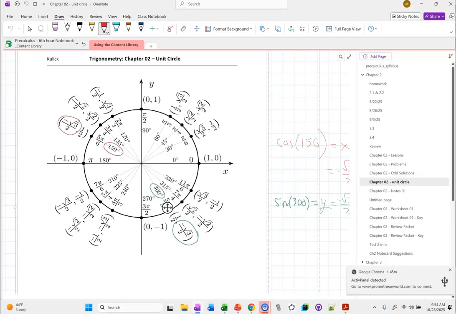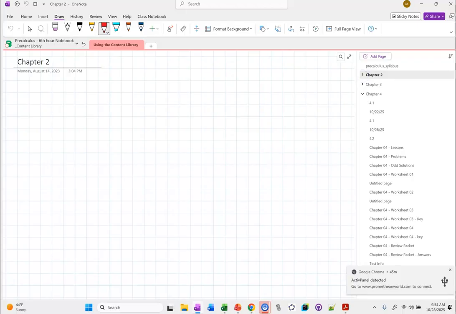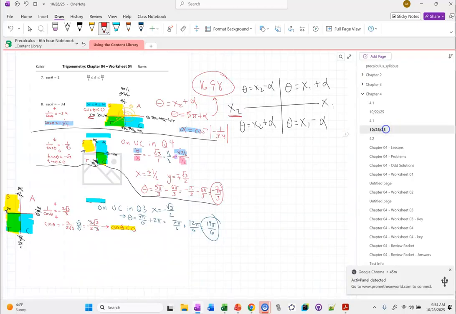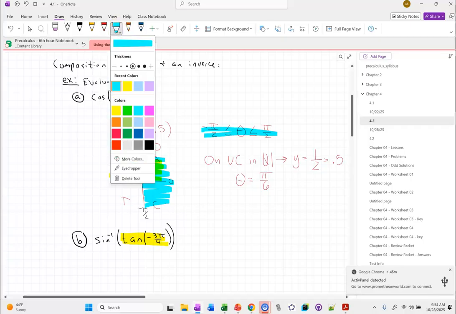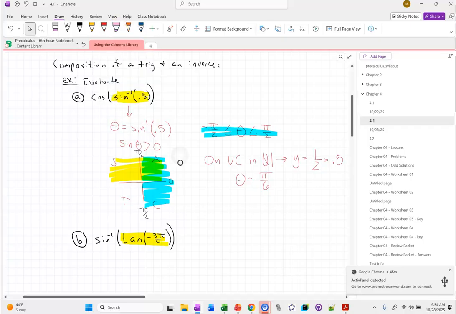Pretty good? So this pi over 6, I can replace the sine inverse.